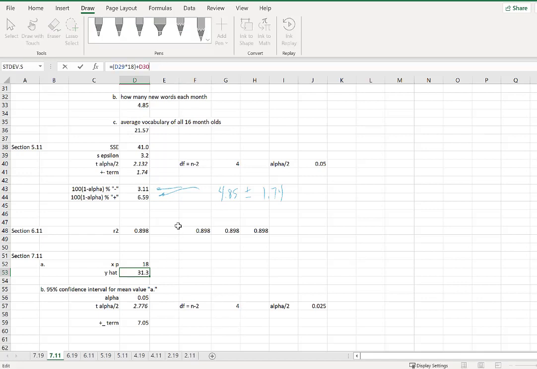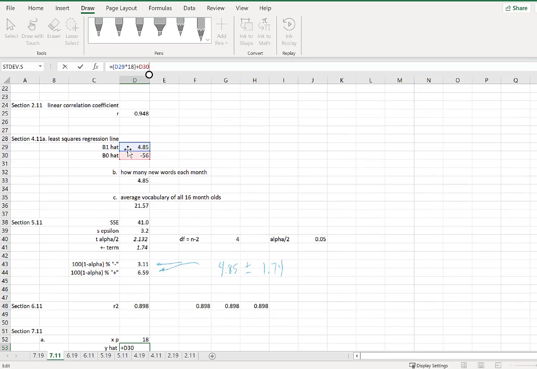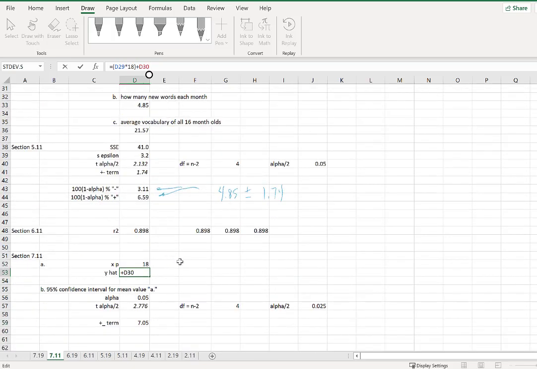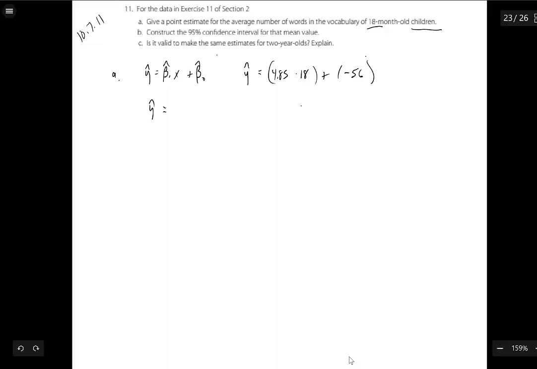That was my B1 hat. So B1 hat times 18 plus my B0 hat, which is the minus 56, which is what we had mentioned. Gives me a value of 31.3. So come back over here. So Y, my point estimate, is going to be 31.3 words.